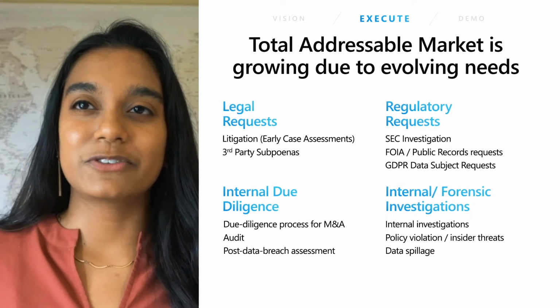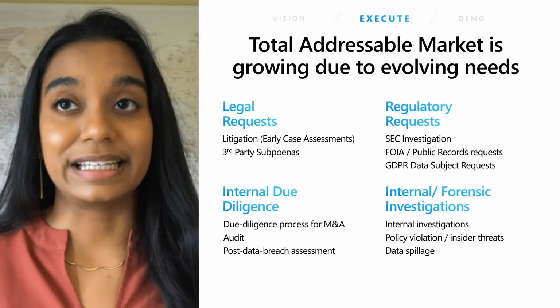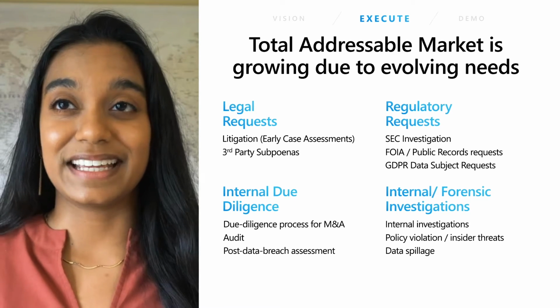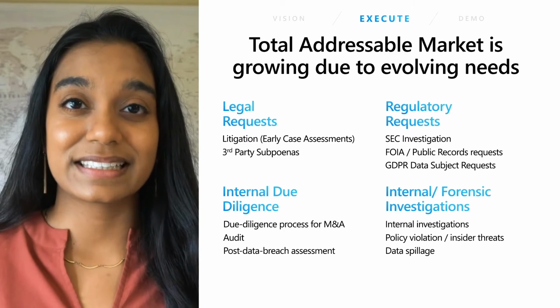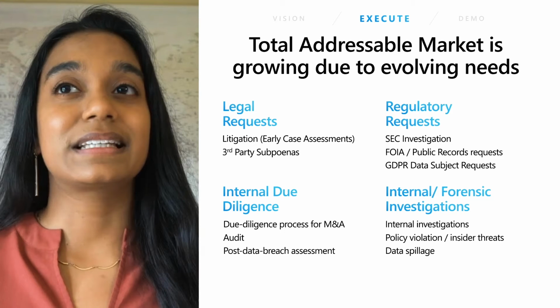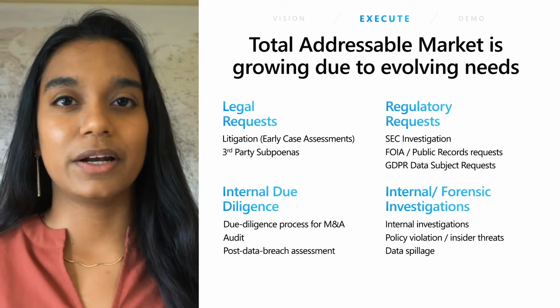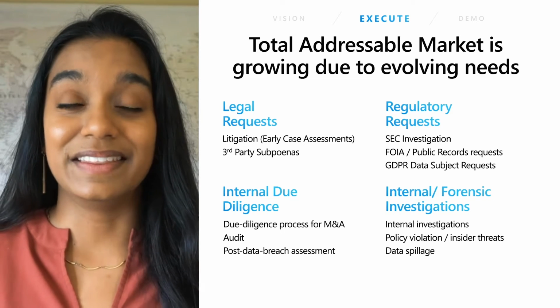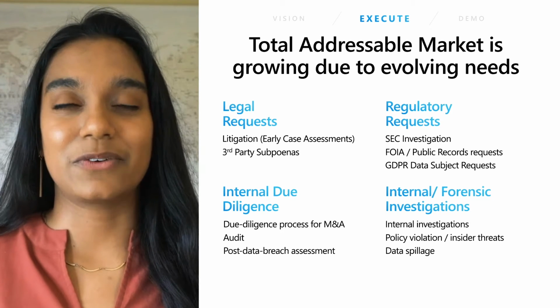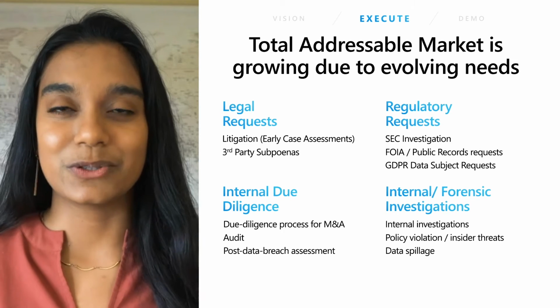Enterprise customers often require advanced eDiscovery capabilities for anything from litigation, internal investigations, insider threats, data spillage, and more. All of these can trigger the need for a legal investigation to know who knew what, when. In these cases, advanced eDiscovery ensures you can collect and review your app data when you need it most.